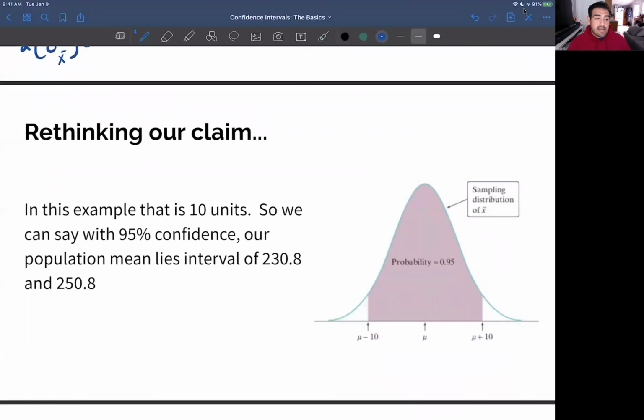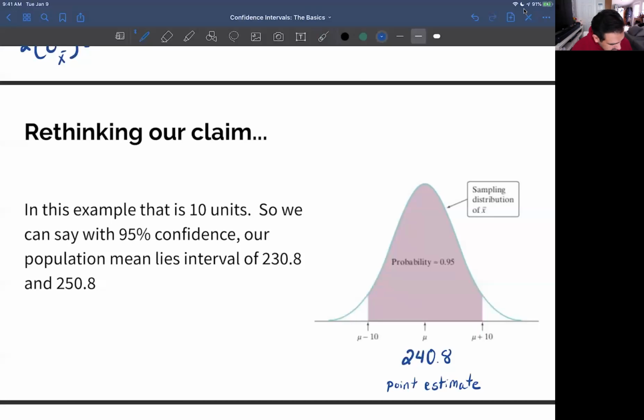So let's rethink our claim. In this example, we said 10 on the left, 10 on the right. If we're talking about the sampling distribution of X bar, and we're centered at 240.8 based off of the sample that we collected, our point estimate, we know that we are 10 units to the left and 10 units to the right of that, and we're going to get 95% of our data.